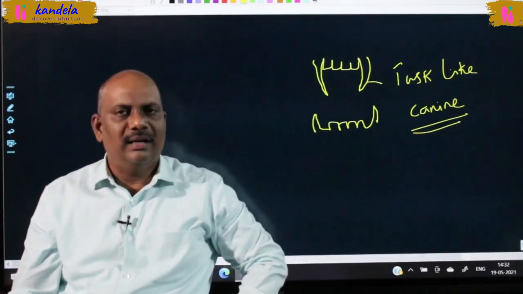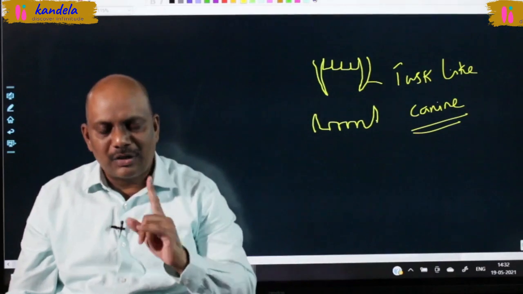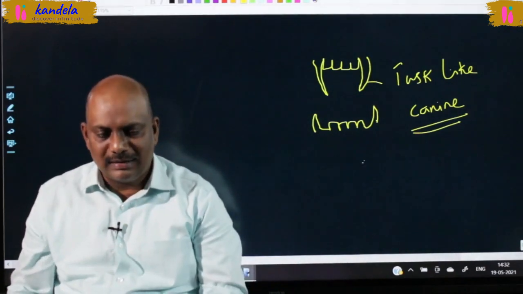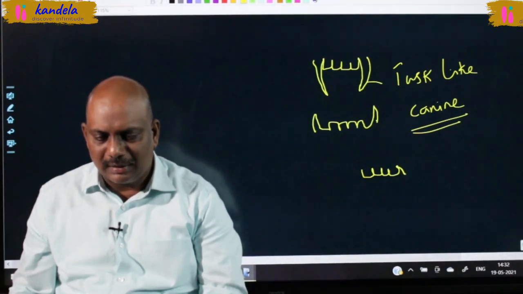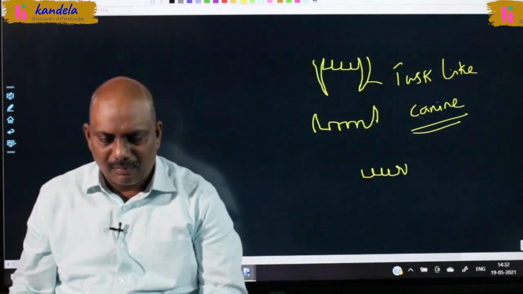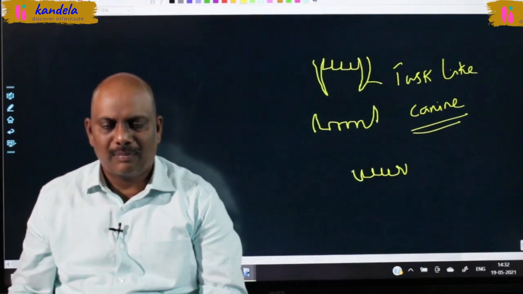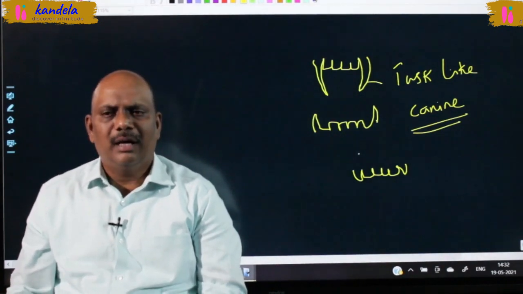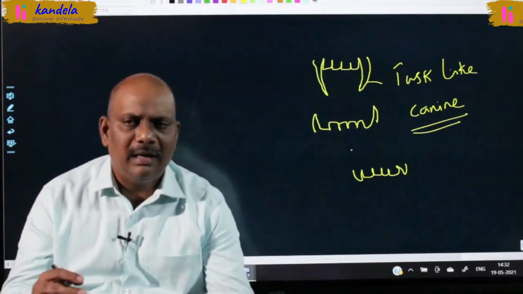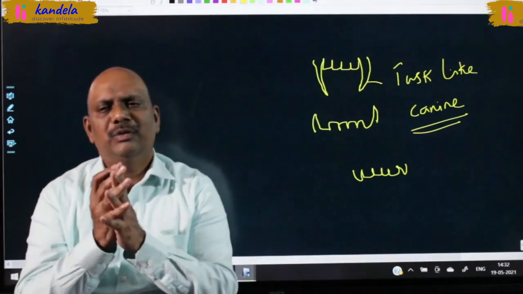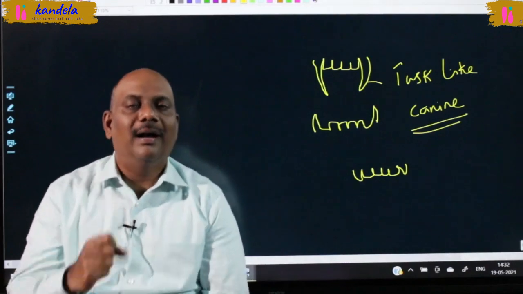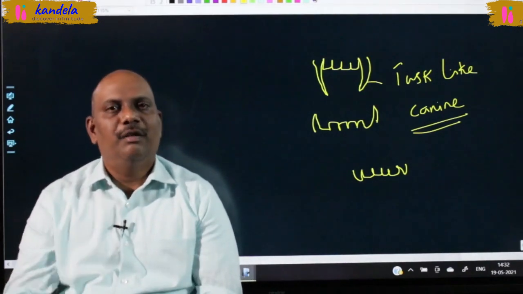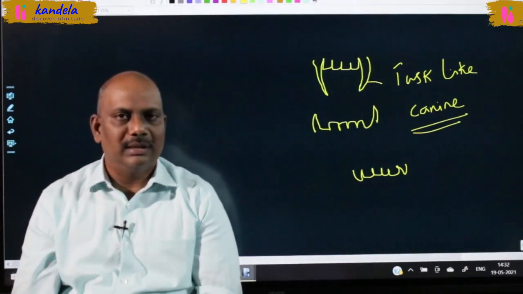Tusk-like canine. But for Australopithecus, this was not the case. The canines are small and only slightly projecting. It is because for the quadrupedal animals, when all 4 limbs were used for locomotion, they used the teeth for hunting, for collection of fruits and tubers.